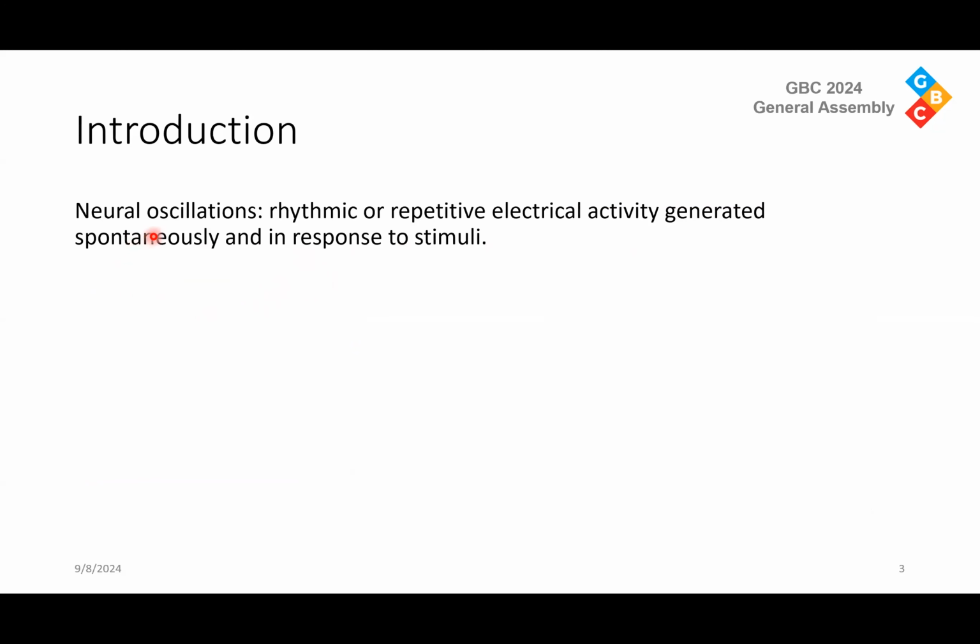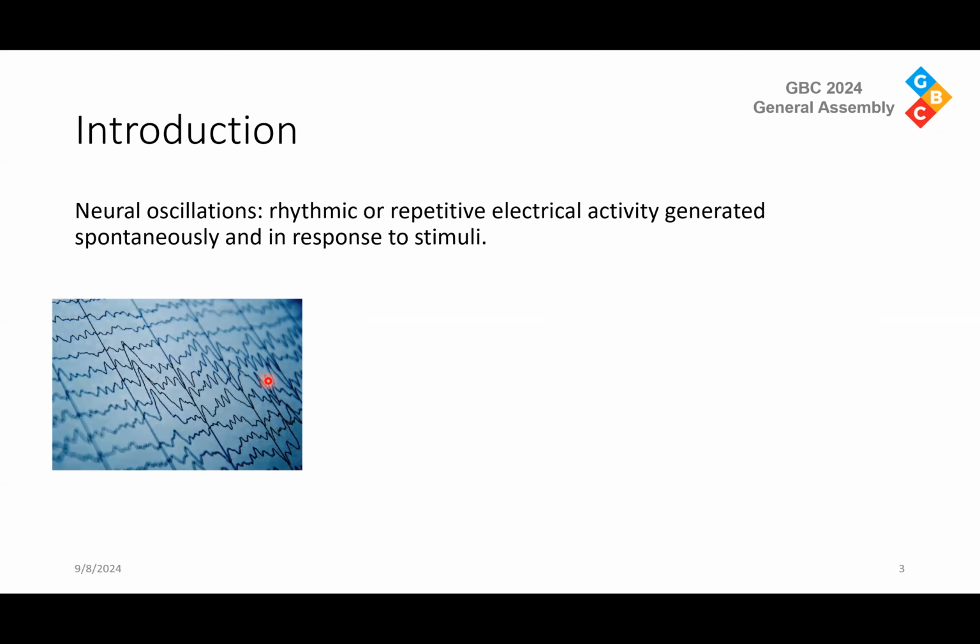Neural oscillation doesn't generally refer to the EEG traces. It is actually the rhythmic or repetitive electrical activity, which may be generated in the resting state condition or invoked by external stimuli.